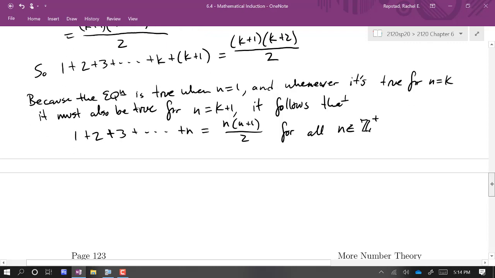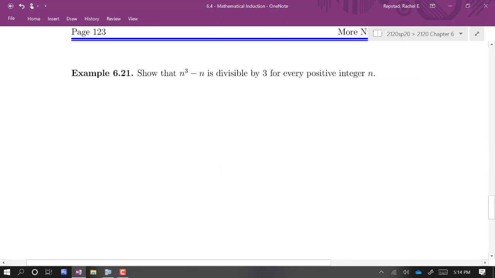Alright, so we're going to do one more of these. And we're going to show that the expression n cubed minus n is divisible by 3 for every positive integer n. So I'm going to just restate this. If I want to show it's divisible by 3, I'm just going to restate it as saying that I want to show that it's a multiple of 3.